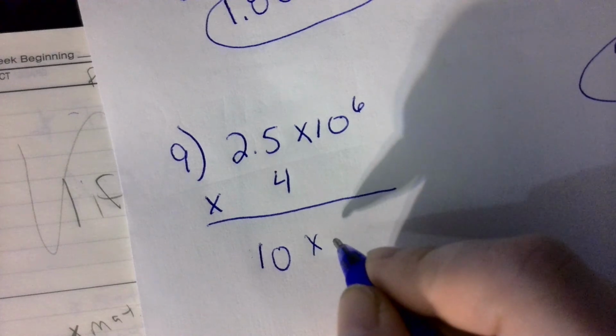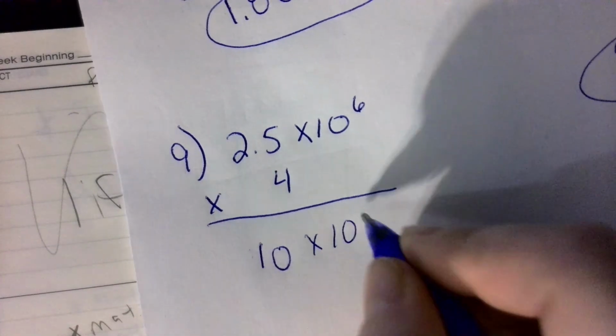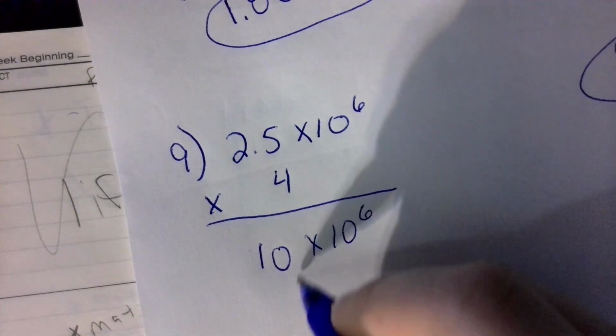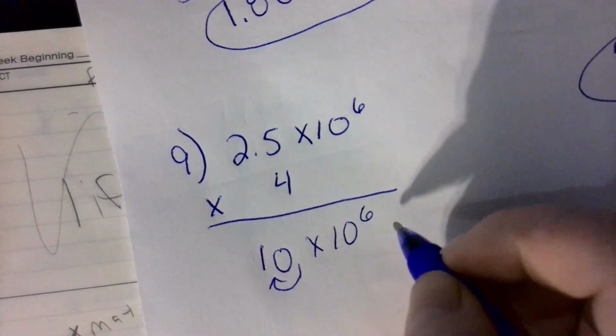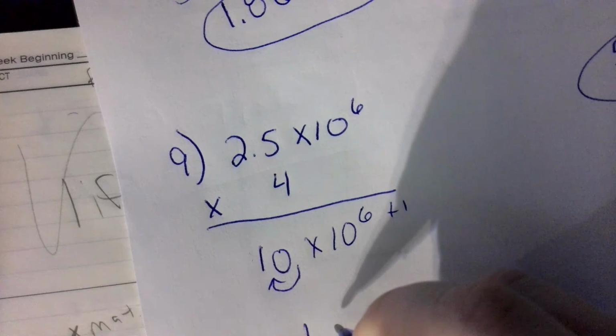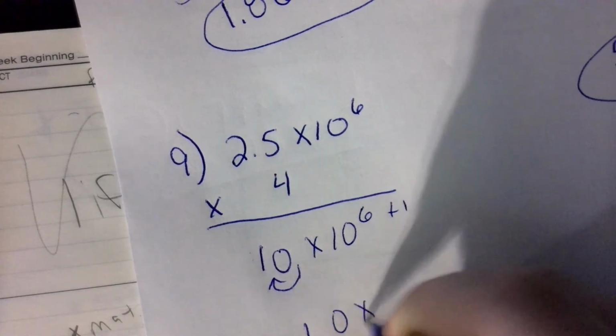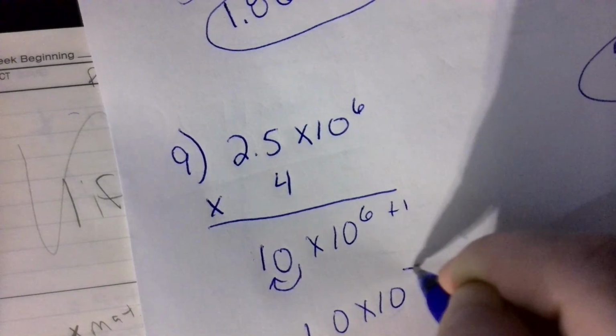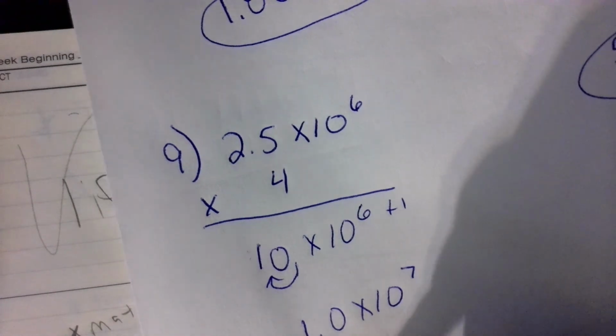We need to move our decimal one spot, so we're going to add 1. We get 1.0 times 10 to the 7th. We can rewrite as 1 times 10 to the 7th.